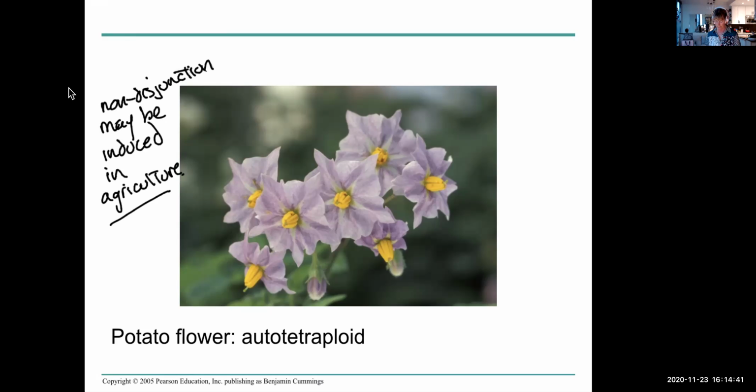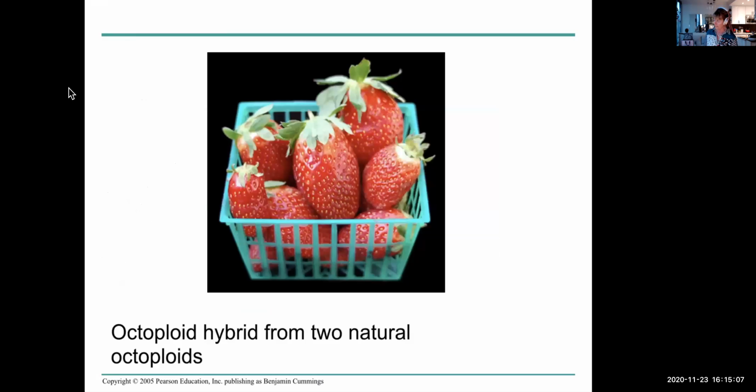Wheat is an example as well, wheat and rye. Those are examples of autotetraploids that were induced. And it turns out that they're very hardy. So for whatever reason, as a tetraploid, they're a very hardy species. They can withstand cold temperatures, for example.